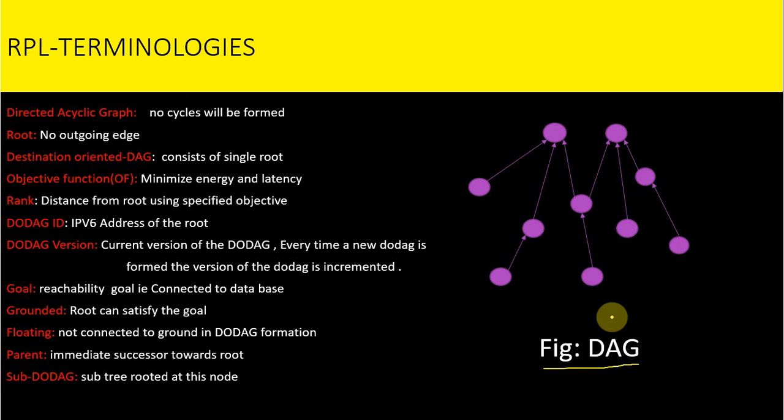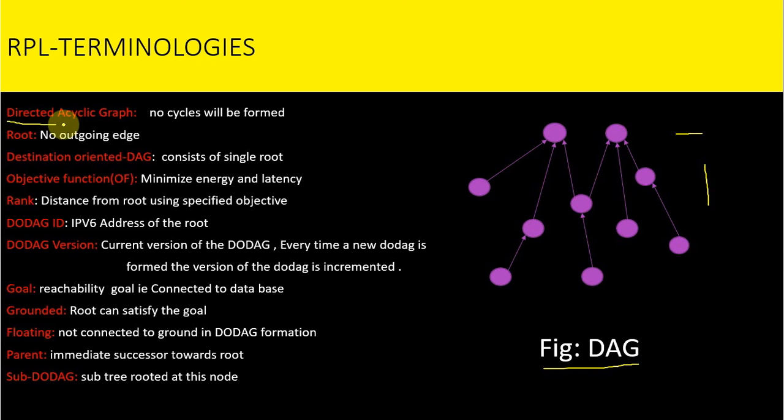I can say this is a wireless sensor network, so there will be no loop-like structure. Each node will be connected to every other node in a unique way, so they have a particular path for communication with the root node. The one on the higher rank is the root, and these are the child nodes for that one. That is the DAG, the directed acyclic graph. Now coming to the terminologies.